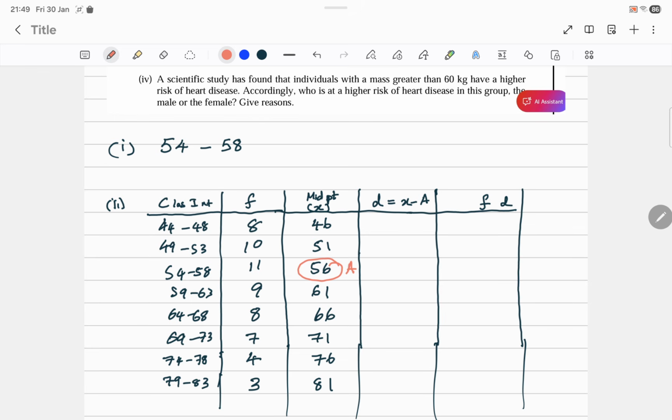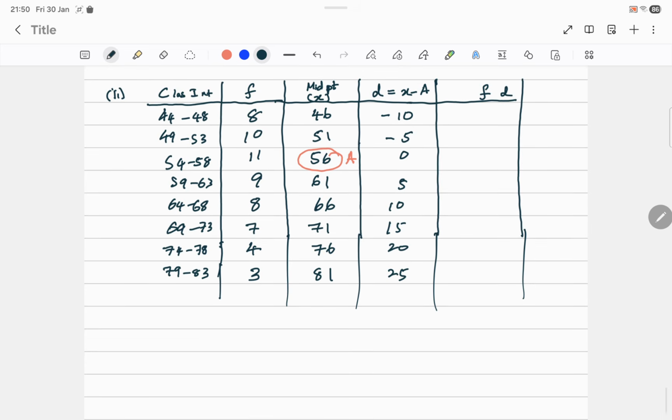Right, so then x minus A values are the d values, so 46 minus 56, which is minus 10, minus 5, 0, 5, 10, 15, 20, 25. Then we need total frequency, which is given in the question, 60, so no need to add that.